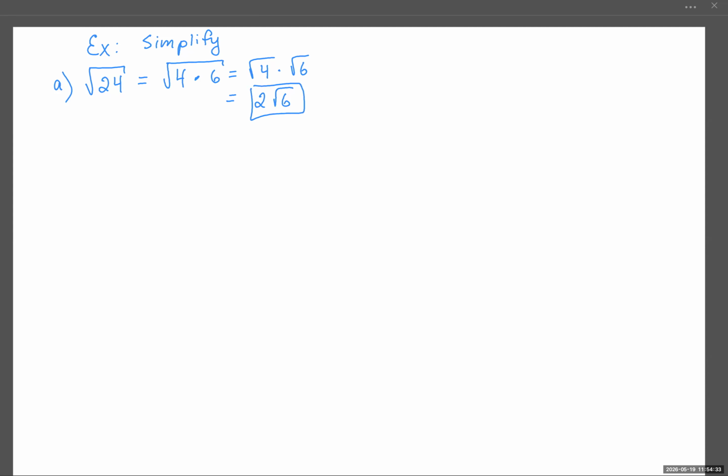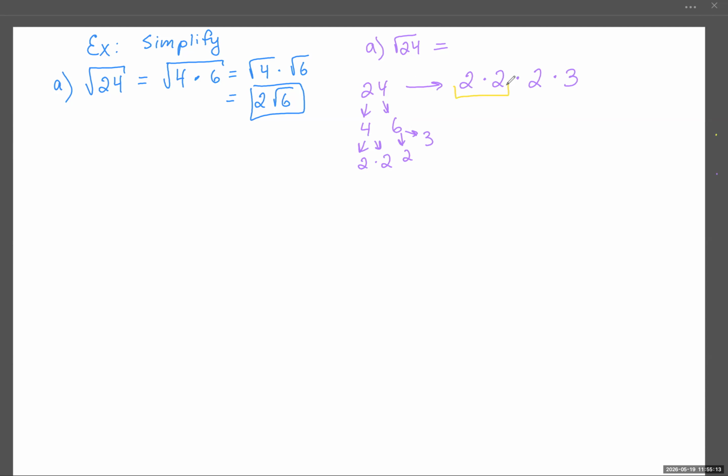And now on the right, I'm going to do the same exact thing, but with a prime factorization. So we have 24, we're going to break it up into primes. 24 would be, well, let's just use 4 and 6. A 4 will be further broken down into 2 times 2, and 6 will be broken down into 2 times 3. So 24 can be written as 2 times 2 times 2 times 3. Now you have to group them.